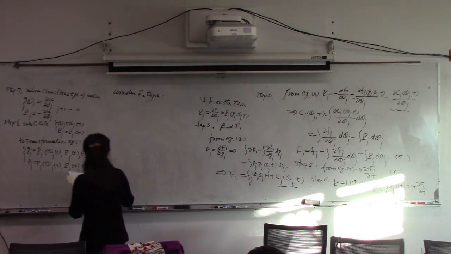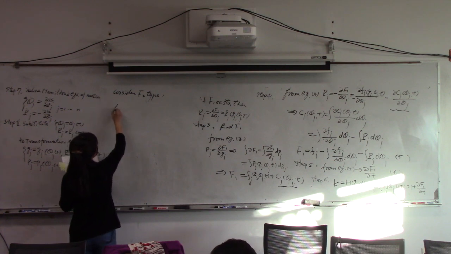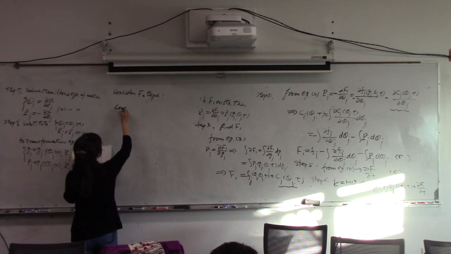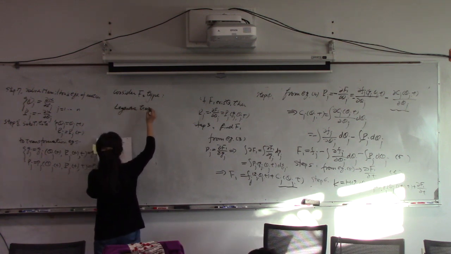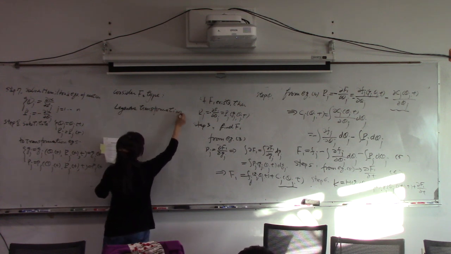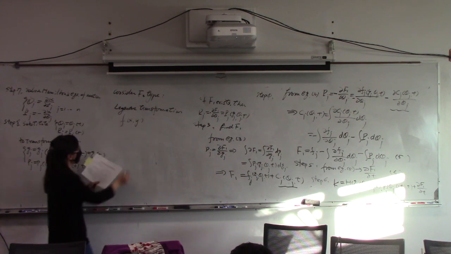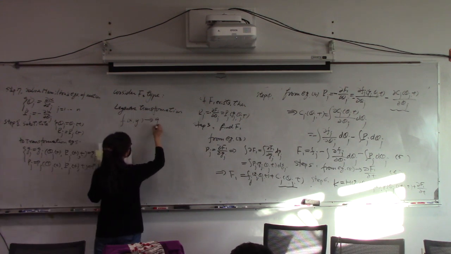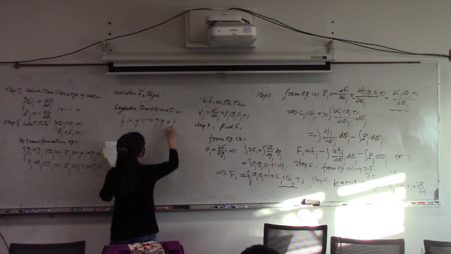To make the F2 type, we will apply the Legendre transformation, just changing variables, a linear transformation. In chapter 8, we discussed this idea: if we have a function f of x, y, then we transform to a new function where we keep y, but x becomes u.